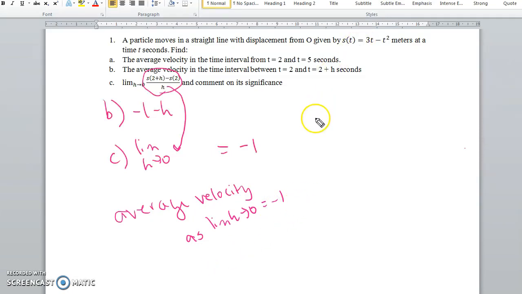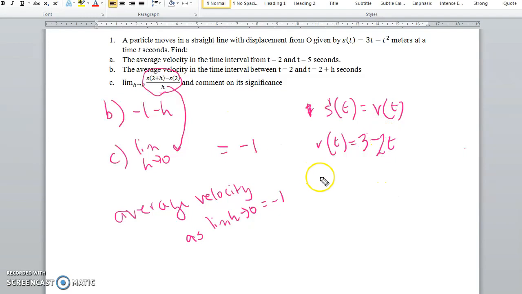Now if we want to check this and make sure we get the right answer, we know that the derivative of our displacement s of t is equal to our velocity. So if we find our velocity by taking the derivative of s, the derivative of 3t is just 3, and the derivative of t squared is 2t.